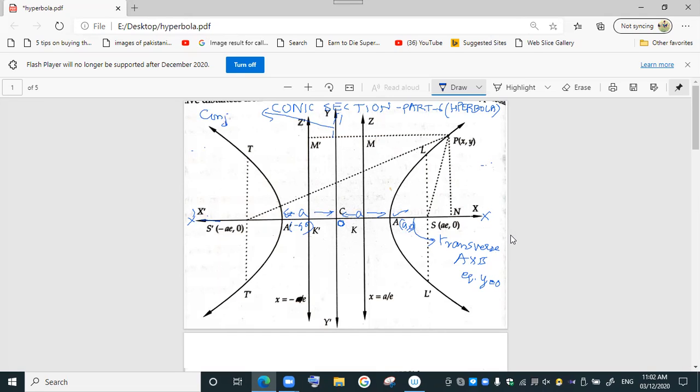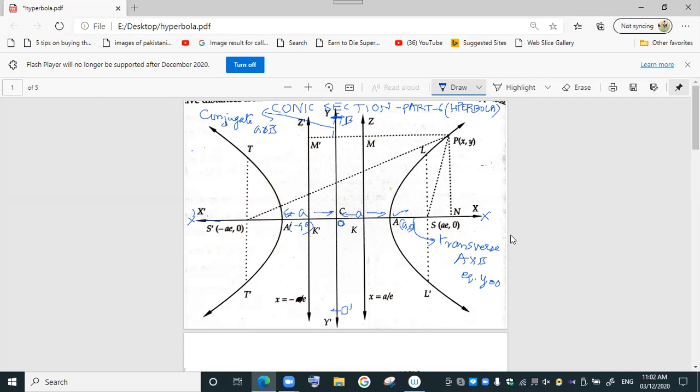We can imagine any point on this conjugate axis. Suppose we take this point B here. Then, at an equal distance, we take another point B', and this distance we consider as b.